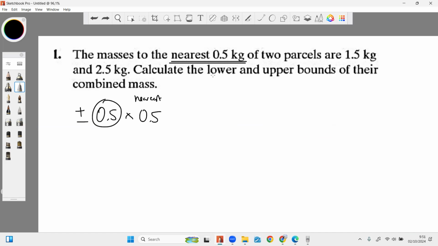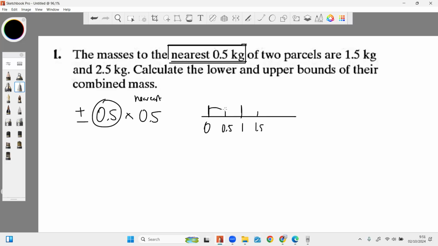The measuring tools don't know about 0.1, 0.2, 0.3. The measuring tools only measure each 0.5. So if you want to imagine this, we have 0 kilogram and 0.5 kilogram, and then 1 kilogram, 1.5 kilogram.